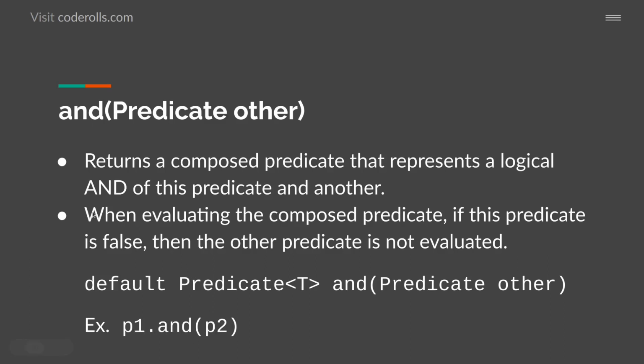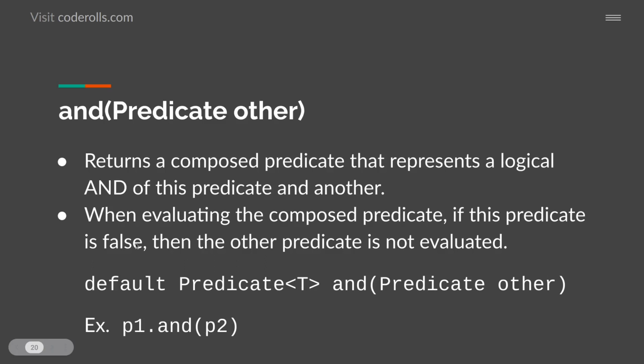There is a second point which says that when evaluating the composed predicate, if this predicate is false, then the other predicate is not evaluated. If you have studied the AND operation, you know that if we need both p1 and p2 to be true, and either of them is false, the result will always be false.